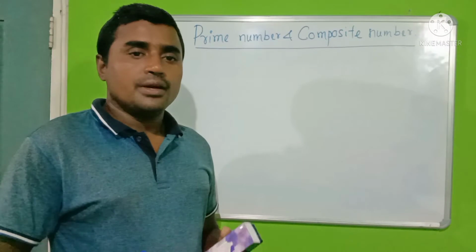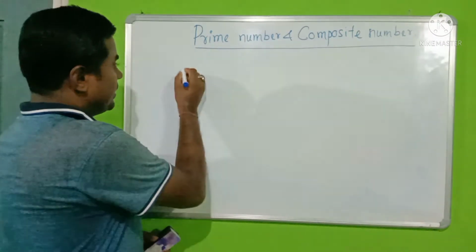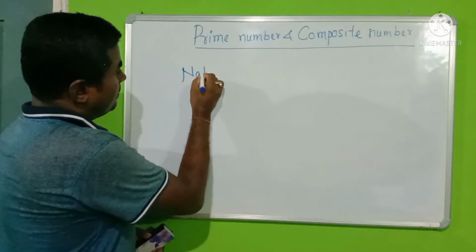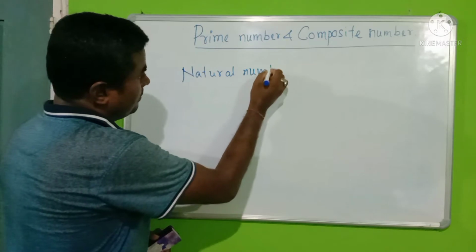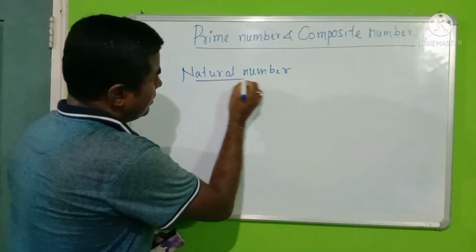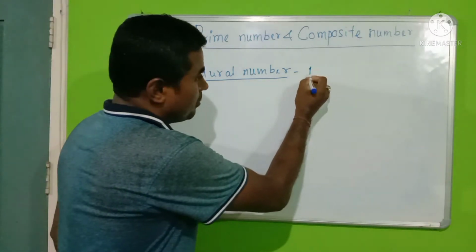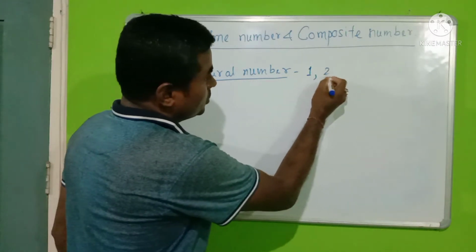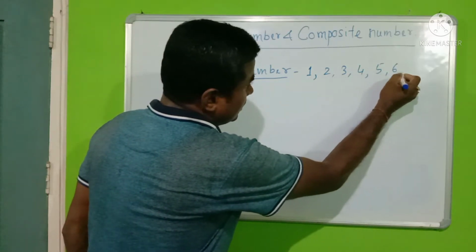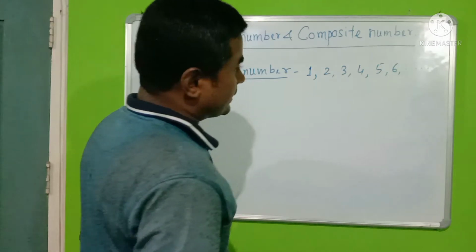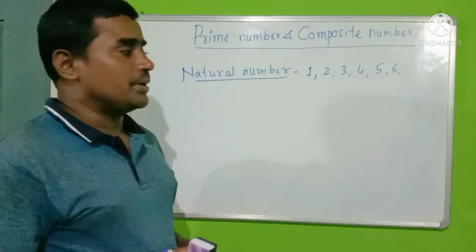So student, you already know about the natural numbers. You know the natural numbers starting from 1, that is 1, 2, 3, 4, 5, 6, etc. All the counting numbers are collectively known as natural numbers.